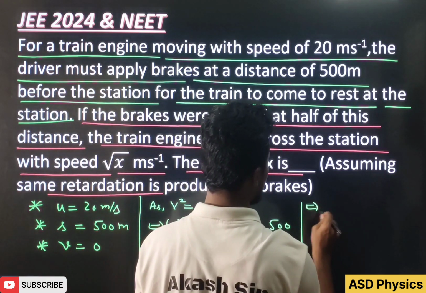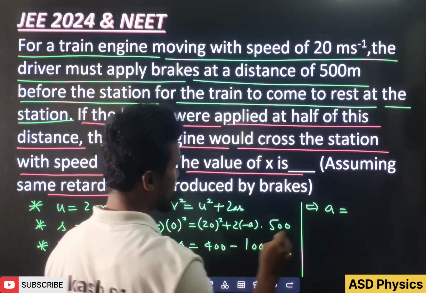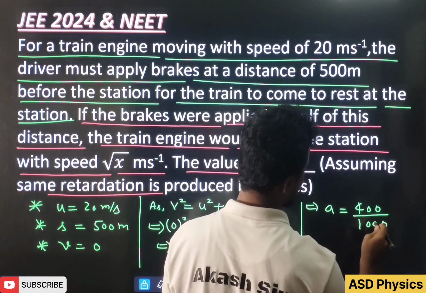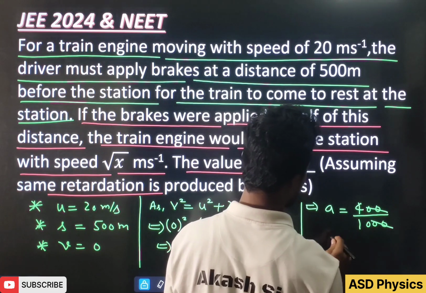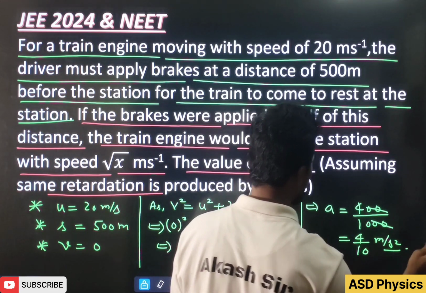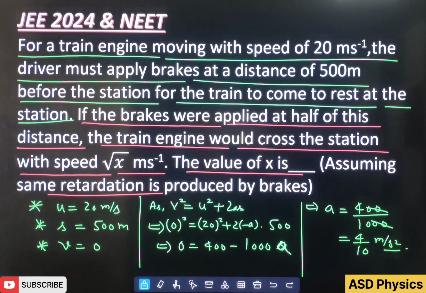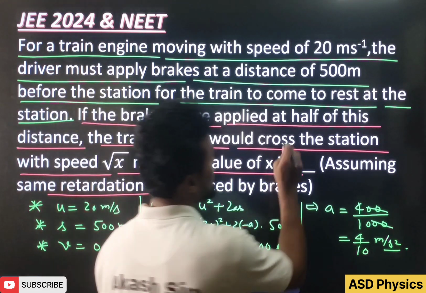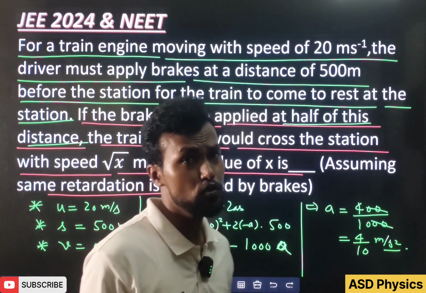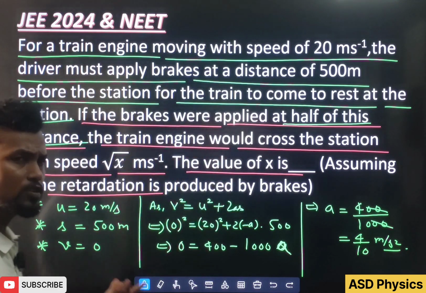So when you simplify this, a will come 400 by 1000, correct? So this 0 is cancelled. What is coming here? 4 by 10 meter per second square. That much retardation is there. Okay, and you can see same retardation, that means the value of a we will take the same, but how much distance is given? Half of this distance. That means now instead of 500 we will use 125.